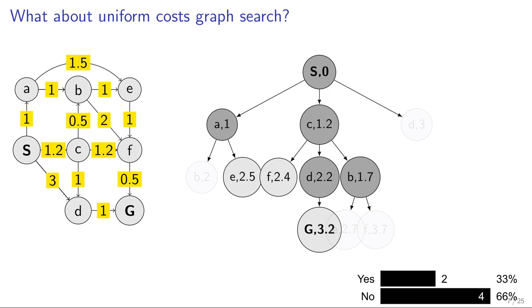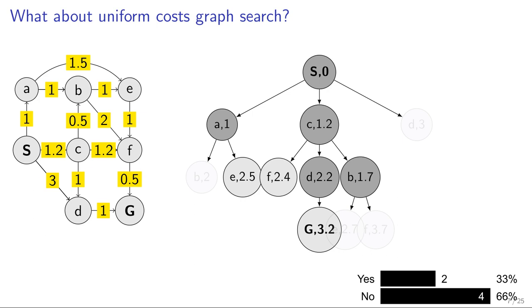So yeah, the correct answer is no, and that's the tricky part about the uniform cost search: it is possible that you can still find an alternative route to the goal which is cheaper. This cannot happen in the breadth first search, because you go level by level, and you can find something that is at the same depth. So an alternative route would be of the same cost, but that is not interesting. But in this case, it's not like that.